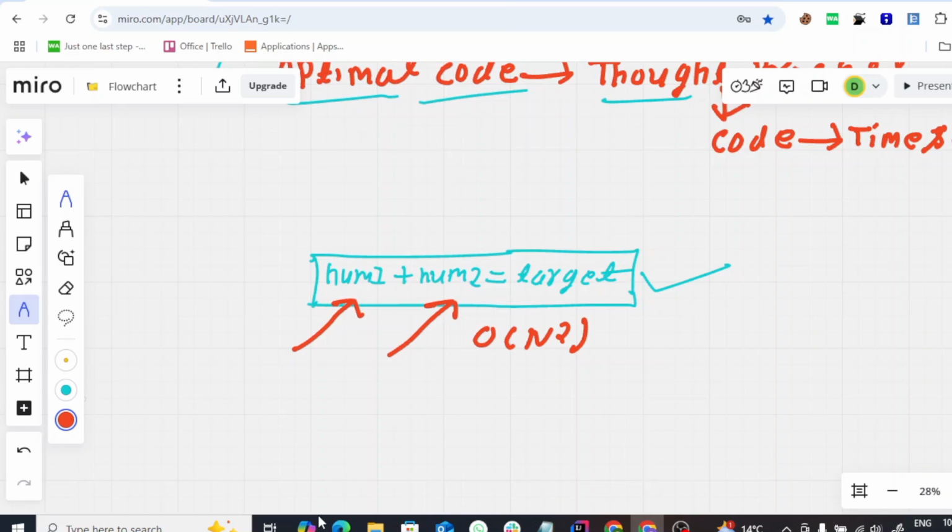We are finding two numbers, num1 and num2.